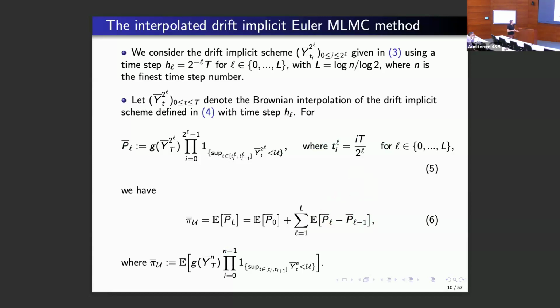This is the essential trick in multi-level Monte Carlo. For the coarse one, and especially for barrier options, if you do it in a naive way, just summing up the Brownian increments, your multi-level Monte Carlo won't work.